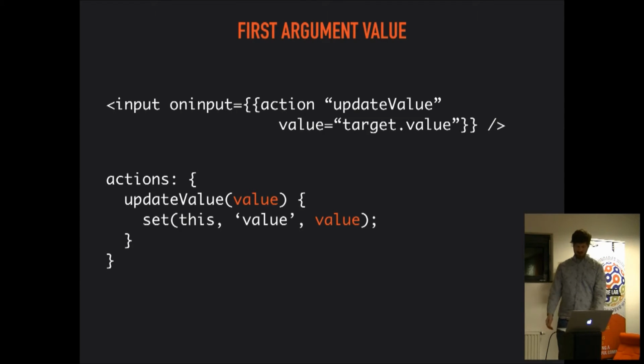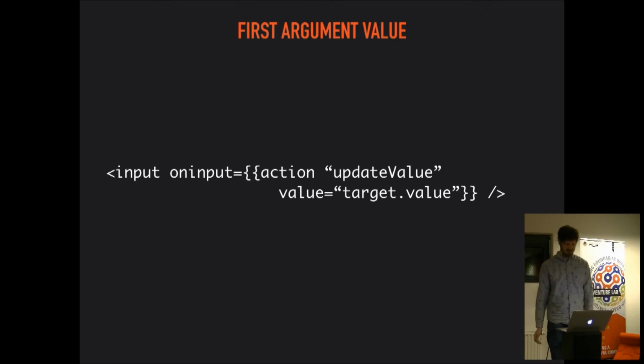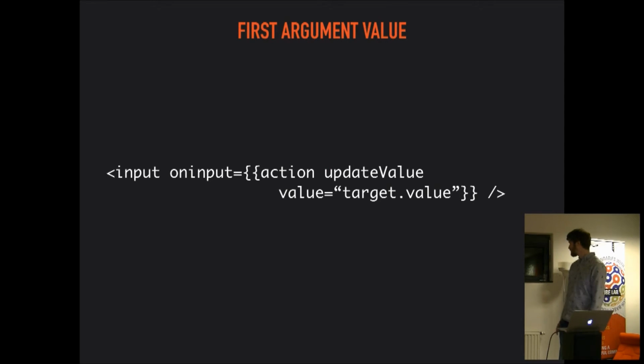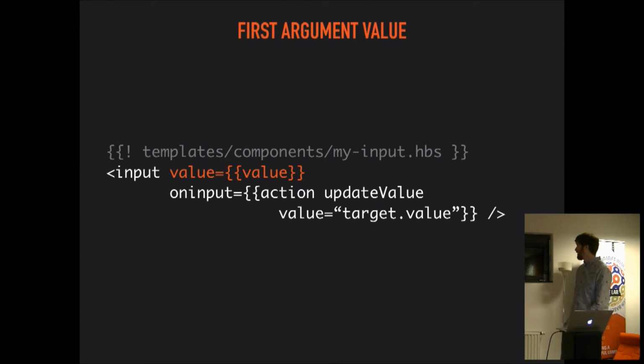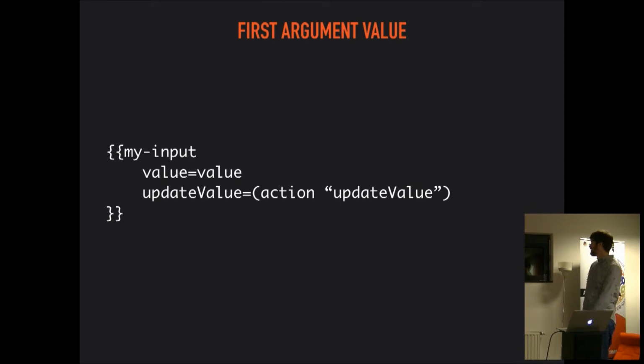This is especially good for people that have public APIs that other people use, so you don't have to think about it yourself. What if we make this a component? We remove the quote so that people can pass in the action, and instead we call our own action, and we put it in a component template. We want to have a value passed in, so we can have an initial value in the input, and then we can render it in the template like this: my input, with the value and an update value with our own update value action.